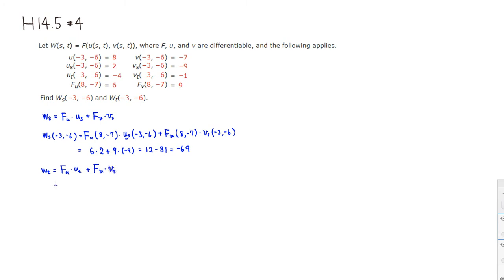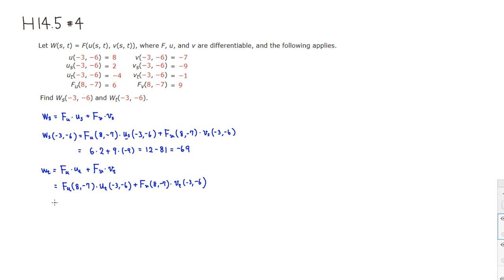So this is going to be equal to f sub u at the same point as before, (8, -7), times u sub t at (-3, -6), plus f sub v at (8, -7), multiplied by v sub t at (-3, -6).